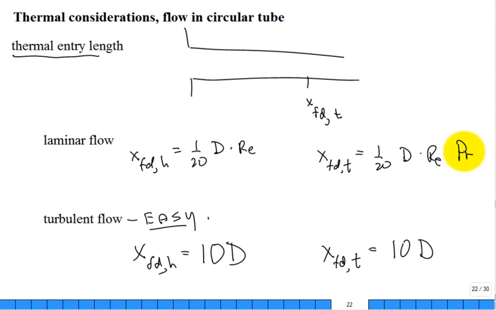What is Pr? Prandtl number. Prandtl number is nu over alpha. Is that correct? And it's how the momentum diffuses and the heat diffuses. So that's the equation for it to be fully developed thermally.